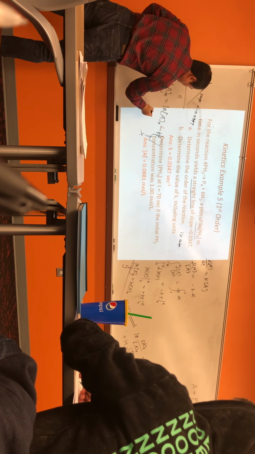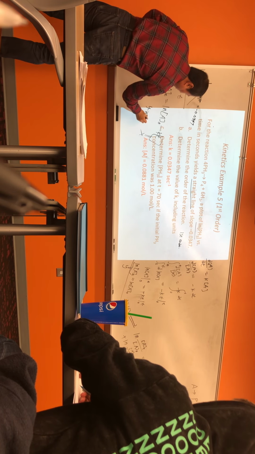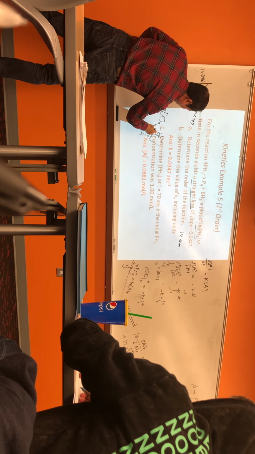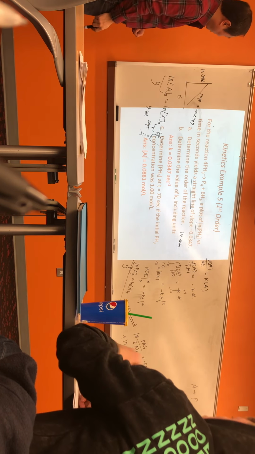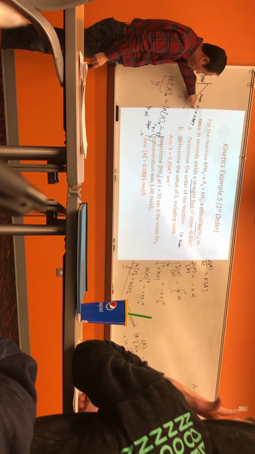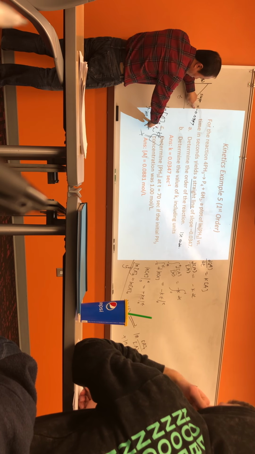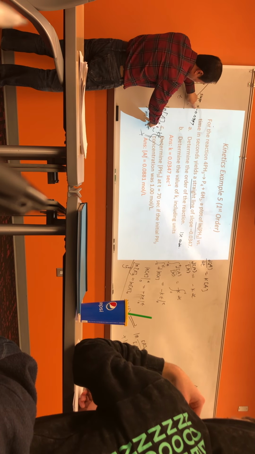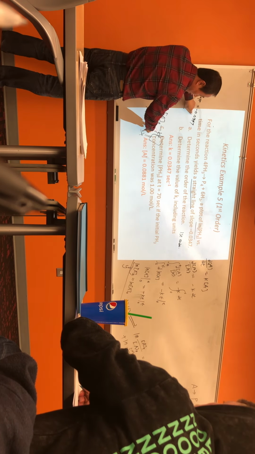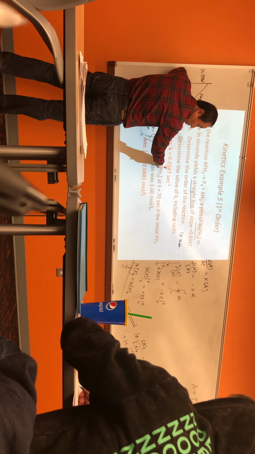This is the y-intercept, and this is the slope. And they say the slope is this number. You have the slope as negative k in your equation. So if you compare, the negatives cancel, and k should be this number.